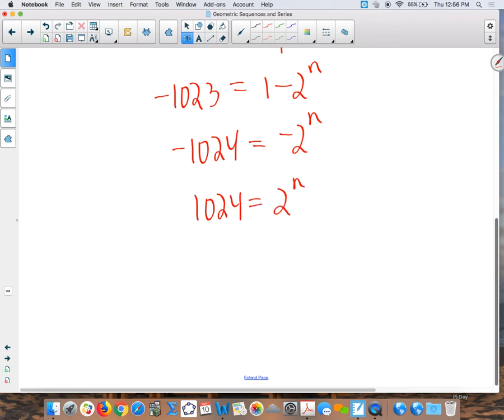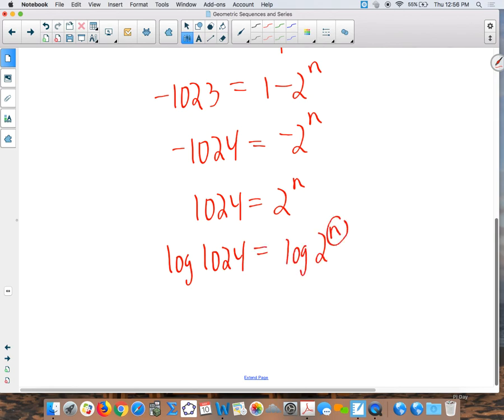Okay, now, at this point, if you want to use your calculator and just try guessing and checking 2 to what power is 1,024, be my guess. But if you want to just work it out algebraically, if you remember, we talked about that you can use logs to help you if you'd like. So you can take the log of both sides here. The log of 1,024 equals the log of 2 to the n.